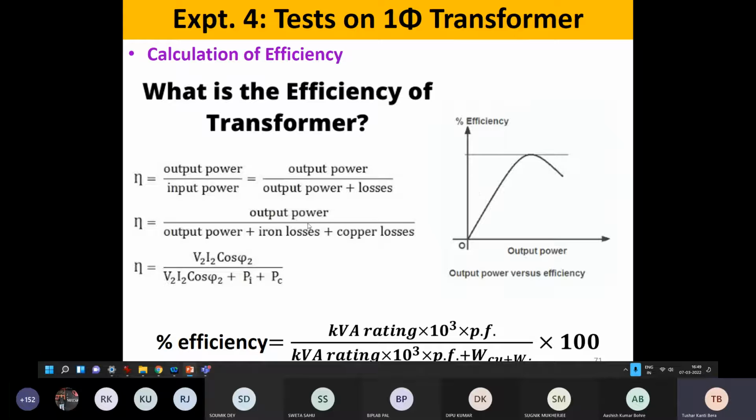So iron loss is obtained from the open circuit test, copper loss is obtained from the short circuit test, and for output power, you know the kVA output rating. So we will multiply by 10 to the power 3, and for power factor we can consider 1, as well as any other value like 0.9, 0.95, and you can multiply with 100 to get it in percentage.